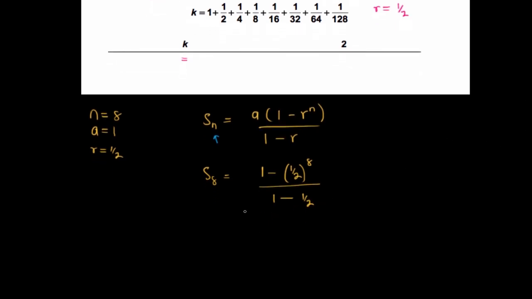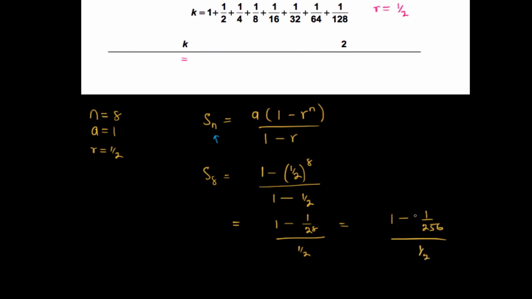So this is 1 minus 1/2 to the power 8, which is 1 over 2 to the power 8, divided by 1 minus half, that is half. So this is 1 minus 1 all over 256, since 2 to the power 8 is 256, divided by 1/2.